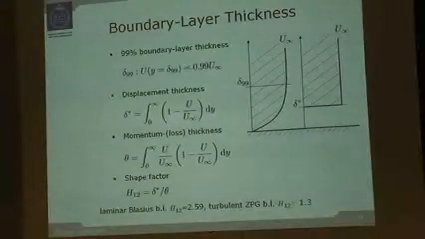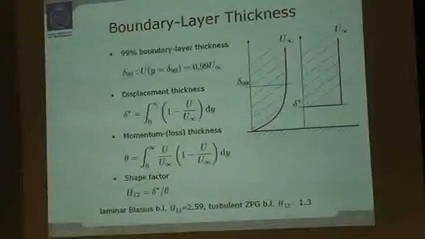I'm sure you've heard all about these various definitions. For example, you can have the 99% boundary layer thickness, which essentially is just the position at which the velocity profile has reached 99% of its free-stream value. You can also look at displacement thickness.